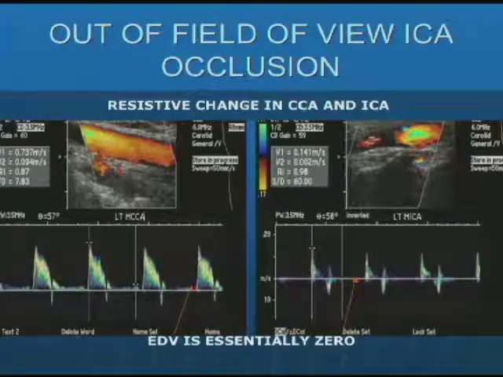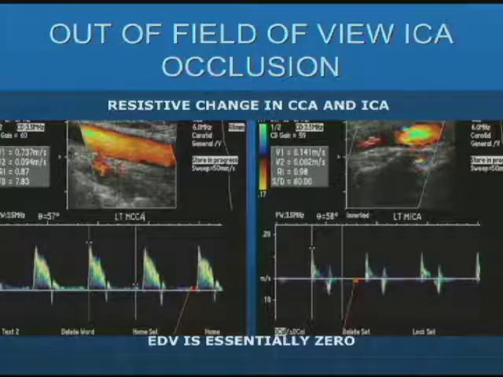You have a highly resistive waveform in the mid-common carotid artery with only a 9 centimeter per second end diastole. And on the examination of the internal carotid in the mid portion, you see this highly resistive waveform. But there is flow in it.